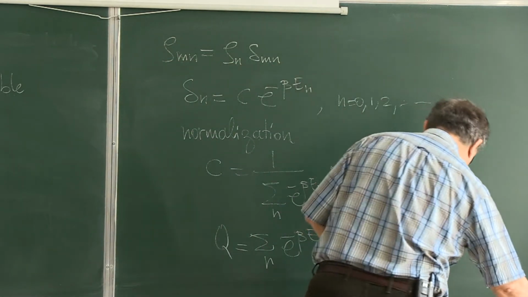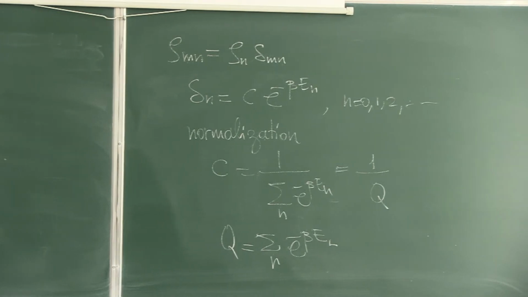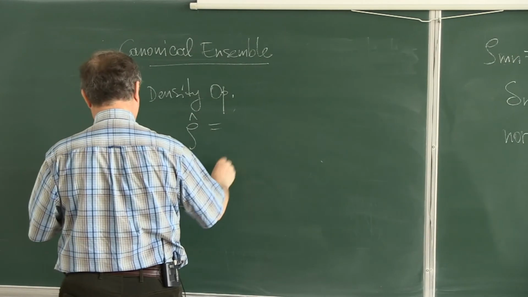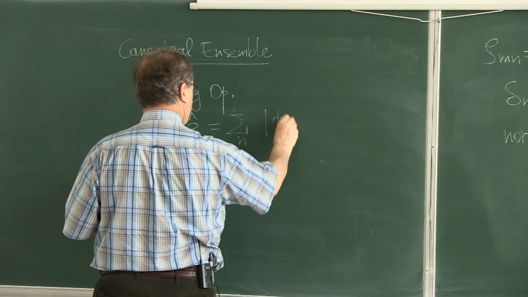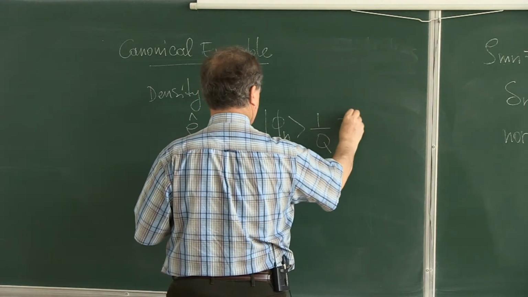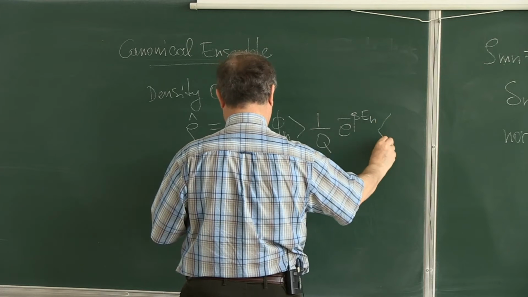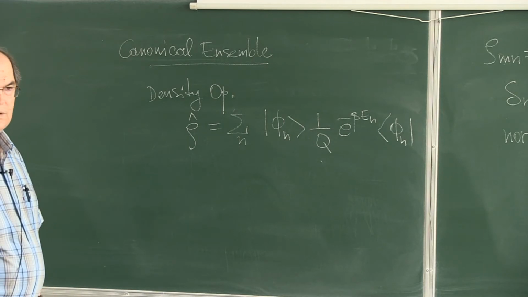The density operator has the following form in this ensemble. Rho is, in Dirac bra-ket notation, remember?